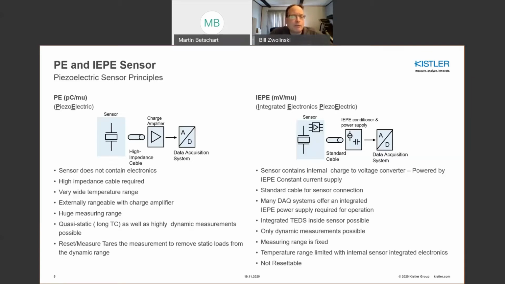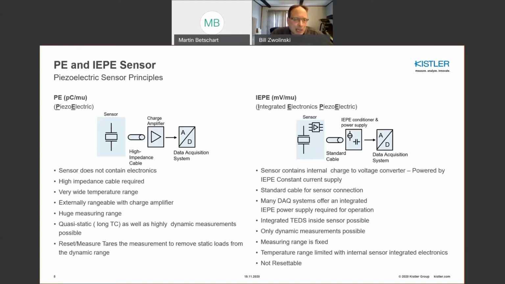Also, with this type of measuring chain, you get a quasi-static capability. You get the ability to vary the low frequency characteristic of the measuring chain. So you can measure what we call a long time constant, which is quasi-static, or a short time constant, which is more dynamic. And obviously with piezoelectric measuring chains, you can reset and basically tare the measuring chain.